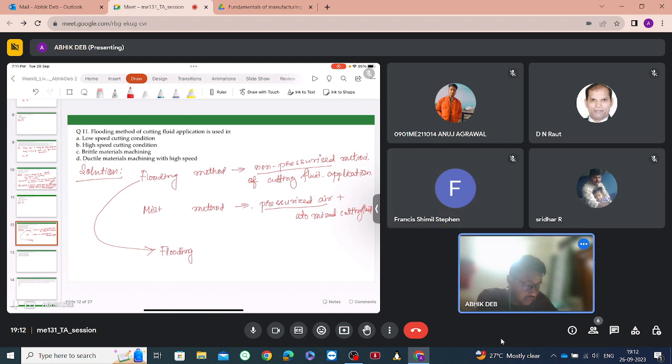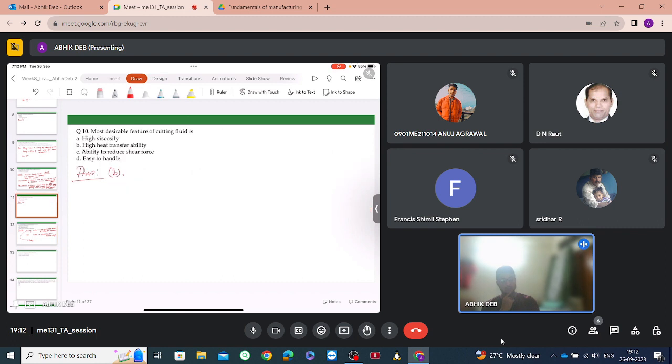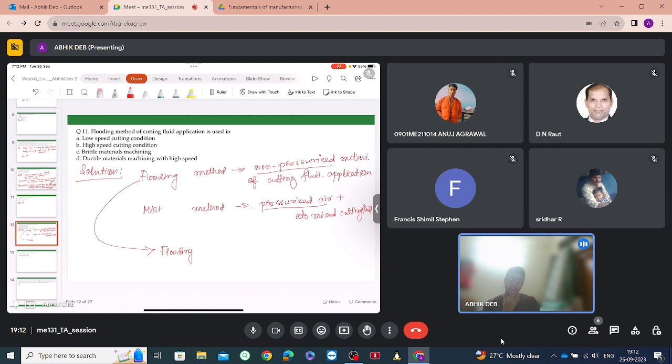See, if you are trying to focus on hard and brittle materials, you can say high carbon steel. Whatever it may be, the condition that you are trying to say is that for brittle materials the temperature is more, so flooding should be used. But flooding does not mean that a flood of cutting fluid is actually in operation.